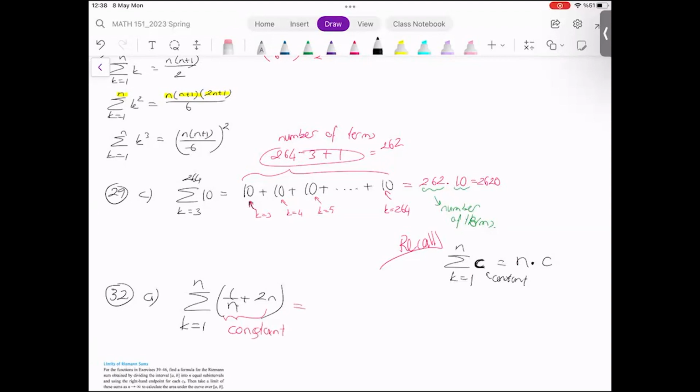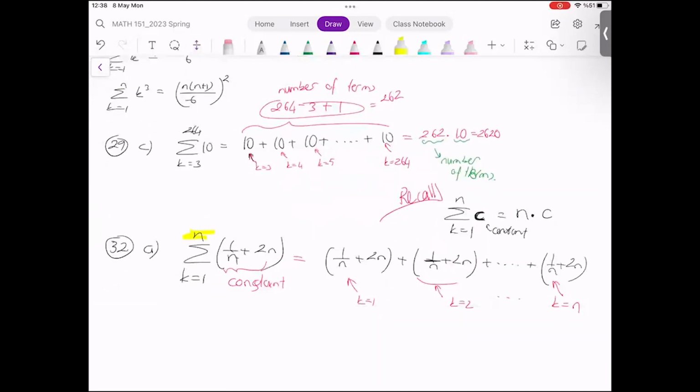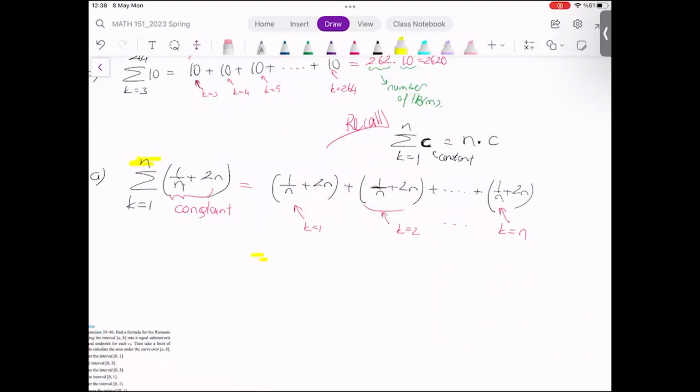So I keep writing this constant over and over again, very similarly to the previous example. I keep writing it for k equals 1, for k equals 2, and the last term is for k equals n. So the result of this finite sum is the number of terms times the value. The number of terms is obviously n this time, times the given constant there. So the result is n times (1 plus n) to the n for this case.